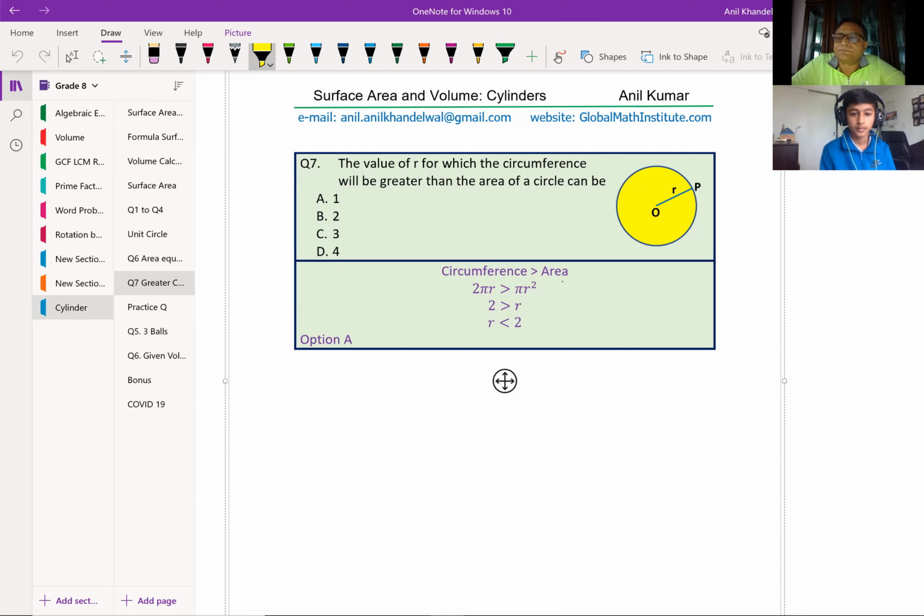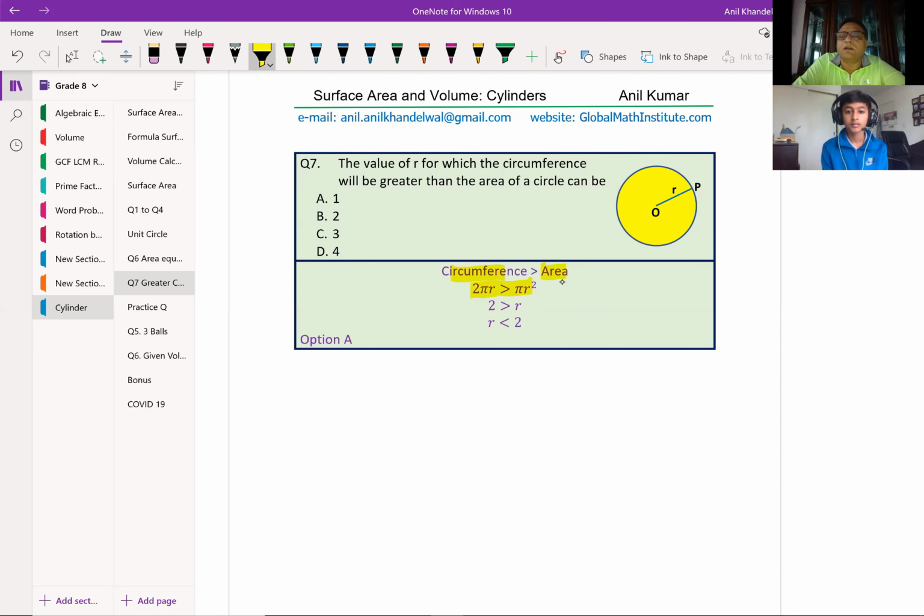A bit tricky again. Last time we saw that for r equals 2, both are equal, correct? So we have the same type of equation, but in inequality form. We want circumference to be greater than area, correct?